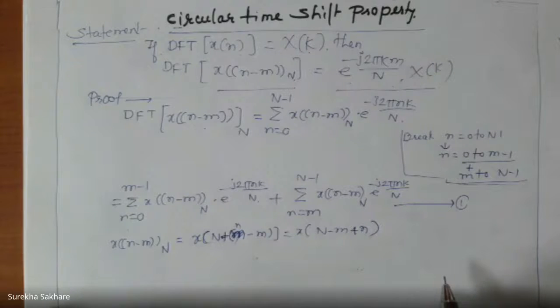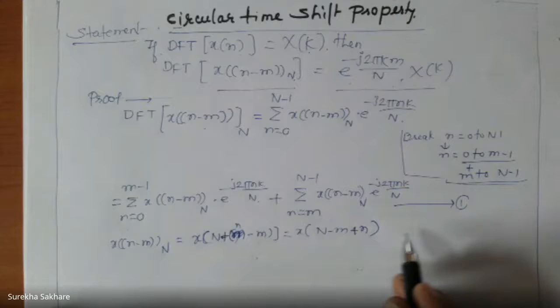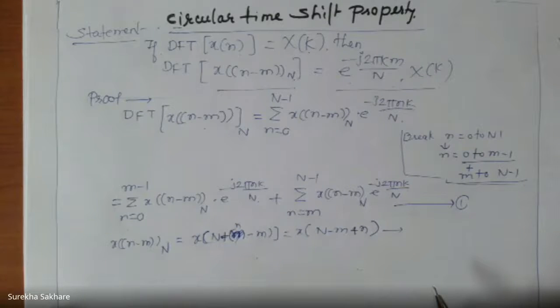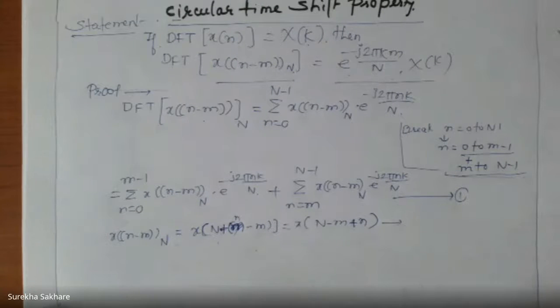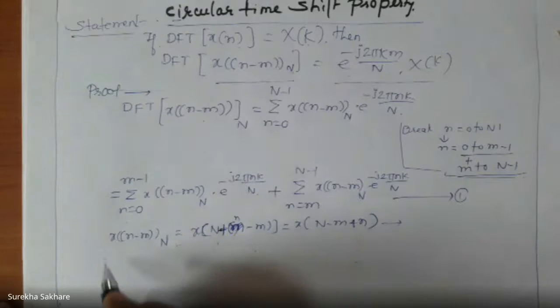N plus n minus m. Okay. Now we will modify our equation. I will call this part 1, A, and B.